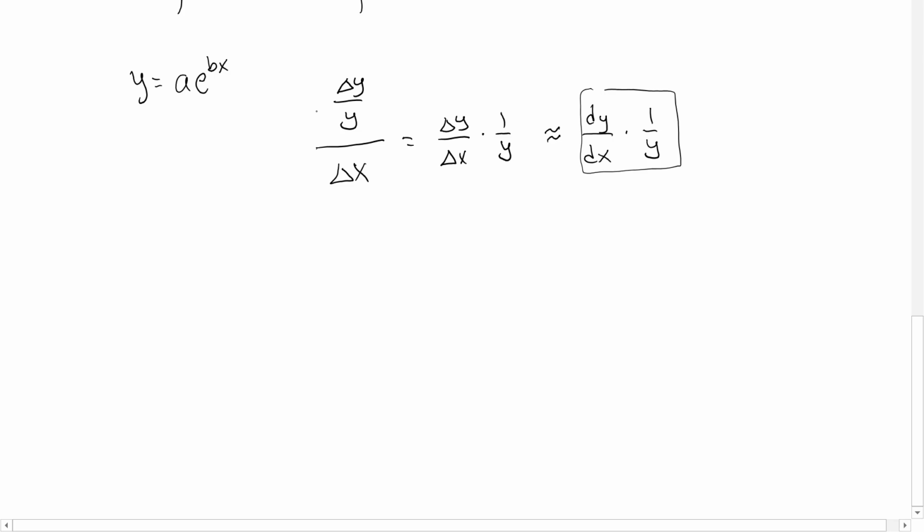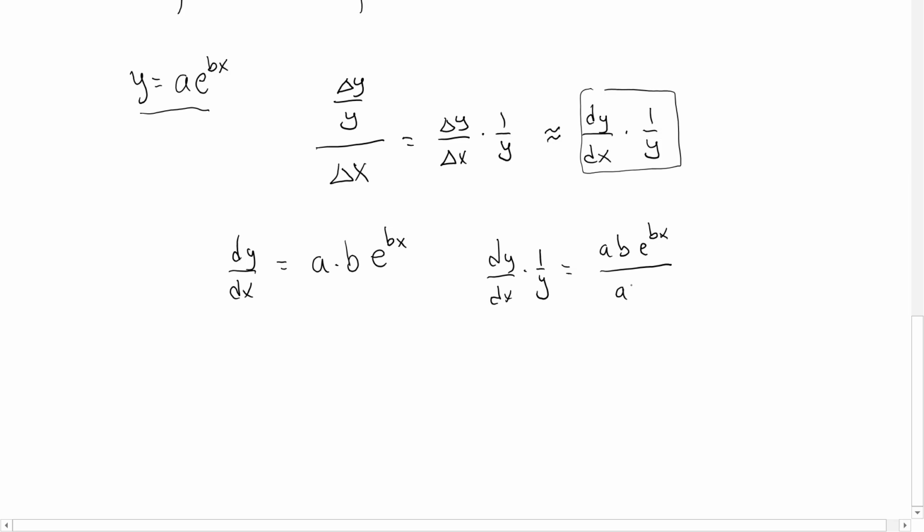So let's evaluate this for the exponential function. dy/dx is equal to a times the derivative of the exponential function. The b comes in front, e to the bx, and dy/dx times 1 over y is a b e to the bx over a e to the bx.